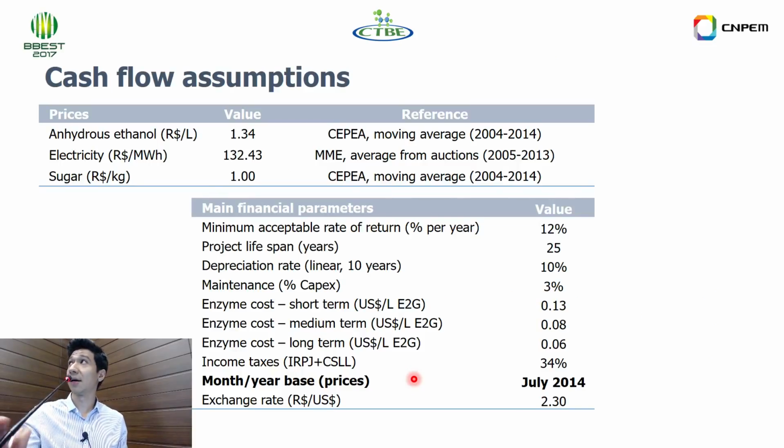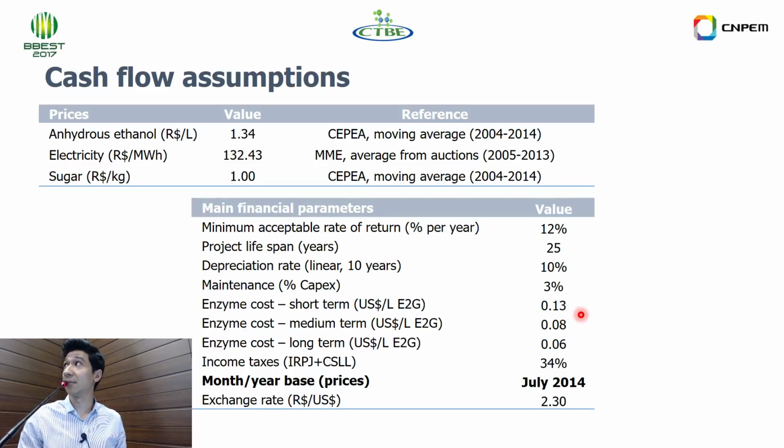So the assumptions are really similar to the other table I presented in previous slides. The reference date for these results is July 2014. At that time, the exchange rate was 2.30, which is pretty low for our current situation.